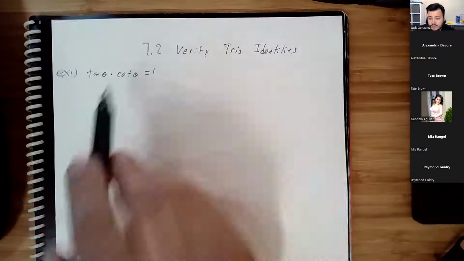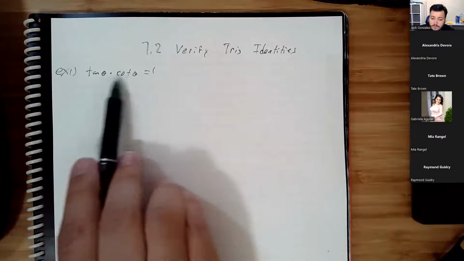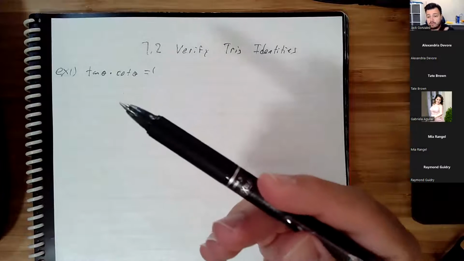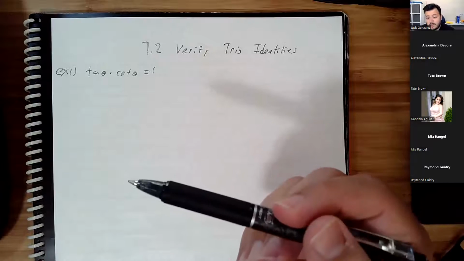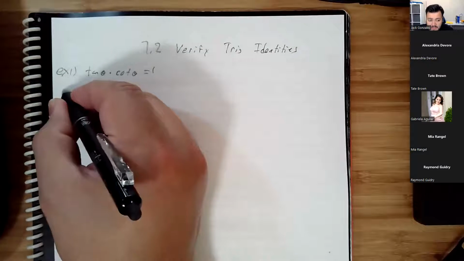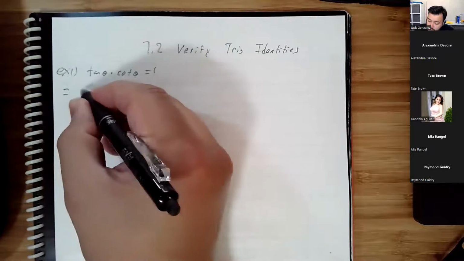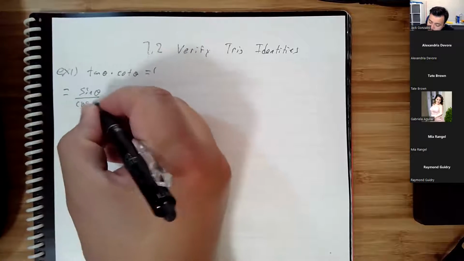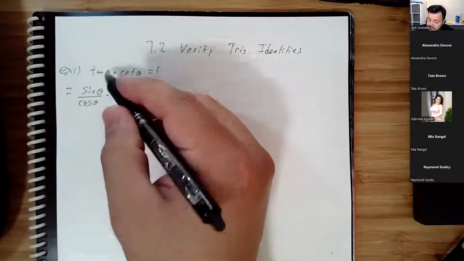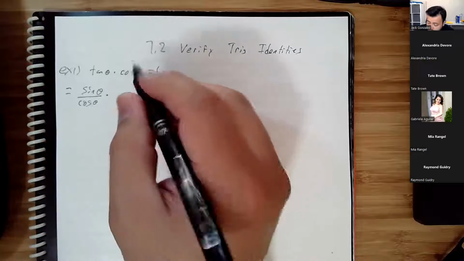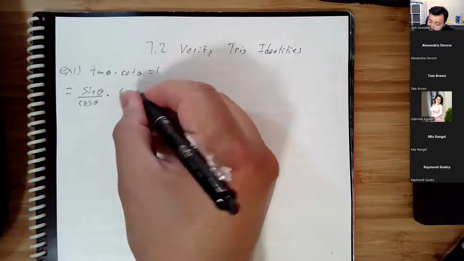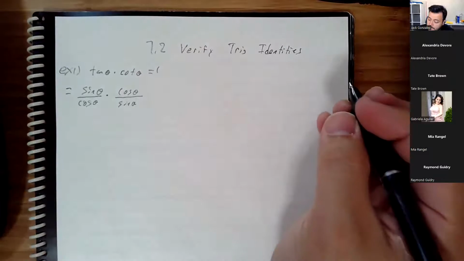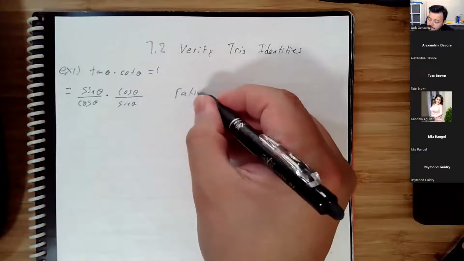We should know that these are reciprocals of each other, right? When you multiply reciprocals, they cancel and you're left with 1. So we can see that a little easier if we use the ratio, because tangent is equal to sine over cosine, cotangent is equal to cosine over sine. So that's the ratio.